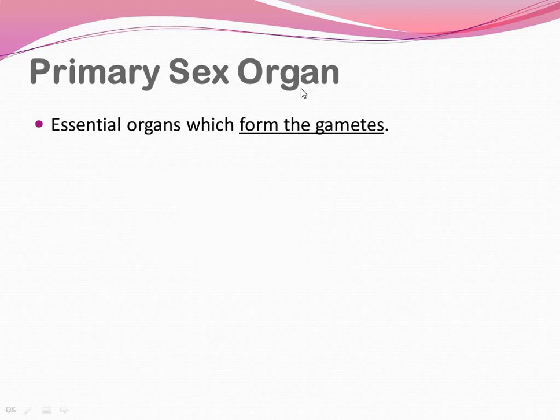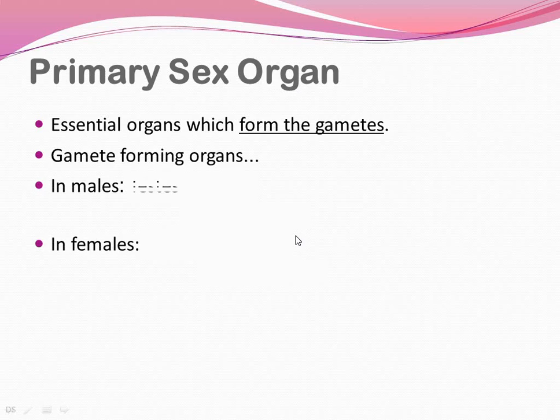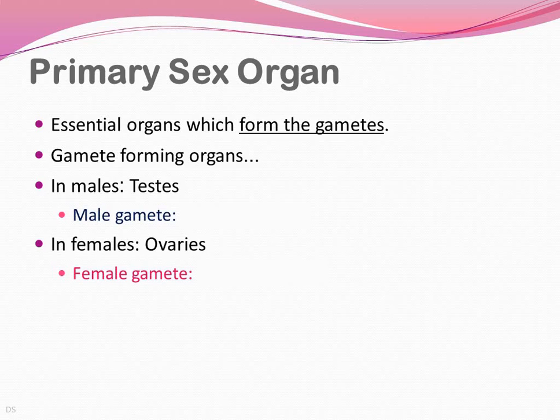In the case of female it is the ovary, and in the case of male it is the testis, which is a primary sex organ. This is a very important detail and very basic information for all of us. The male gamete, which is produced by the testis, is the spermatozoa, which we commonly refer to as a sperm cell.